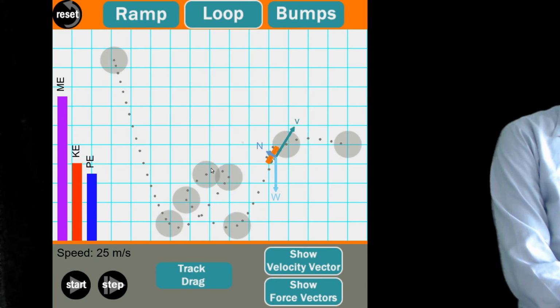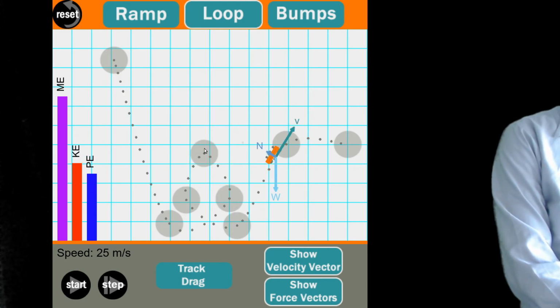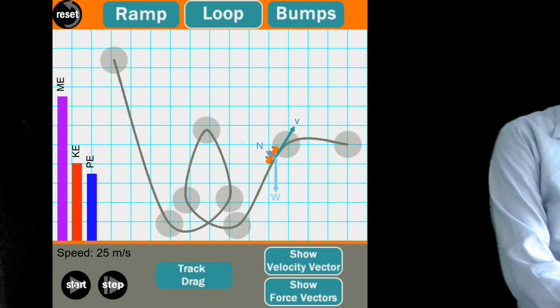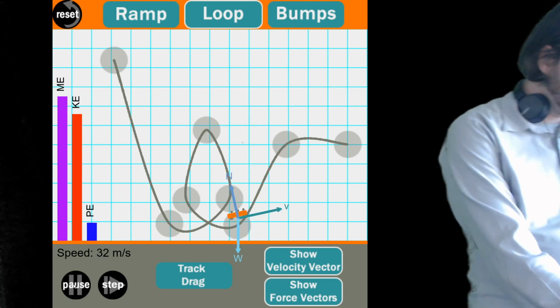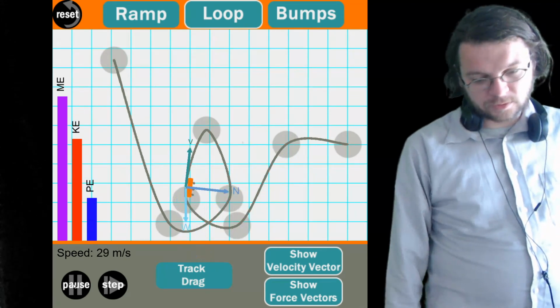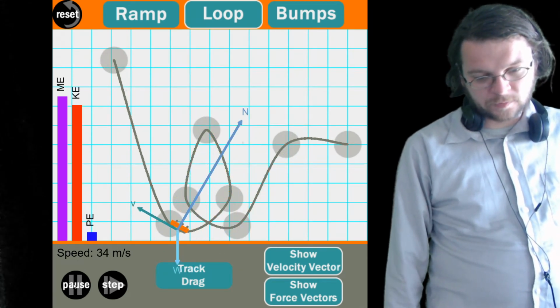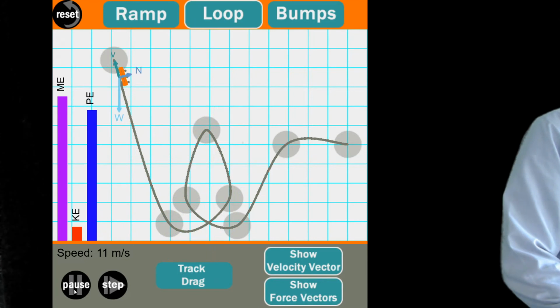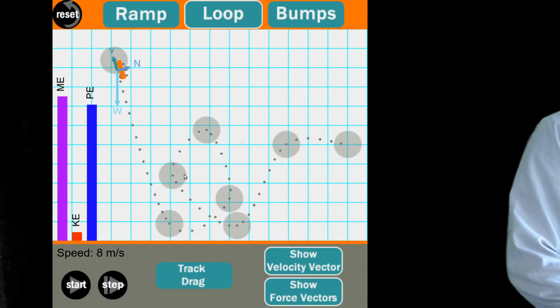But the point is that if you make this top thing high enough, eventually something weird happens, which is that if I can make these other ones taller, do it like this.